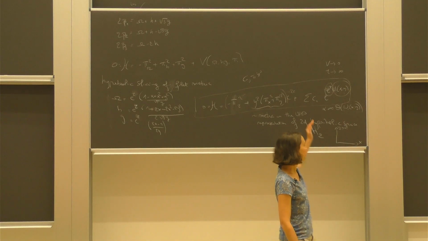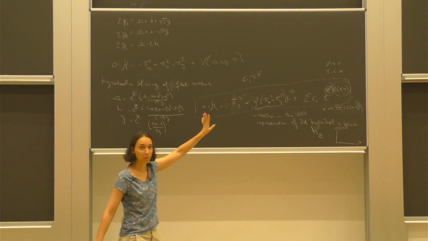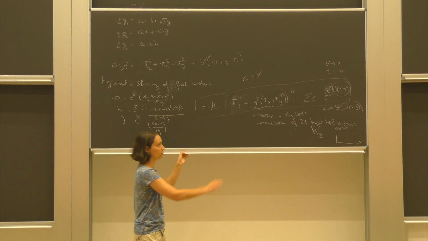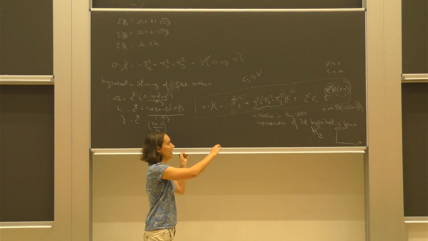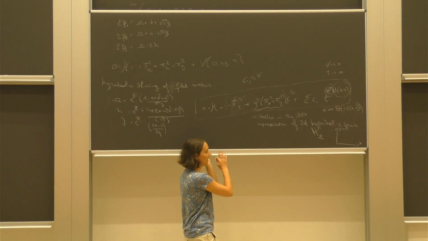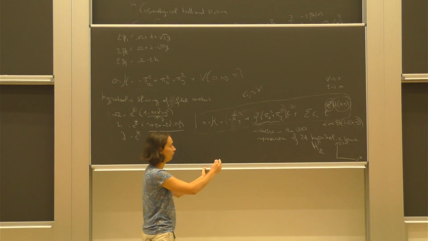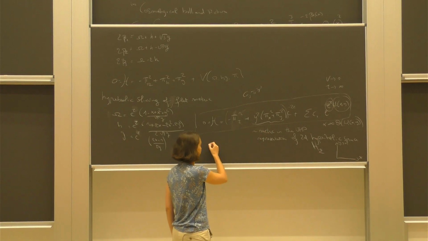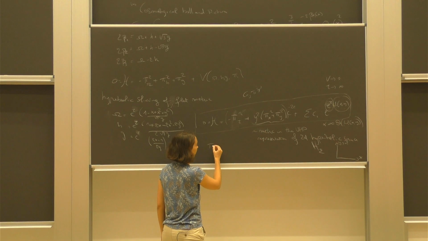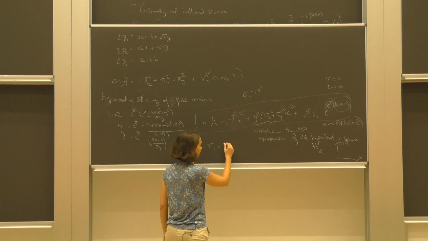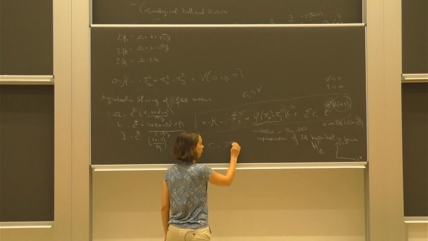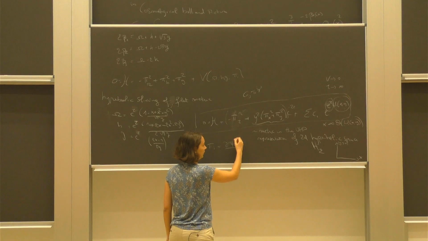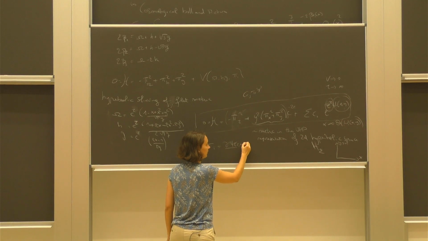And so in terms of this setup, that means you want to quantize this theory. The way in which you do that in the case of gravity is that you apply canonical quantization to all of these momenta. So you say that pi is the derivative of some wave function that will depend on tau, x and y.